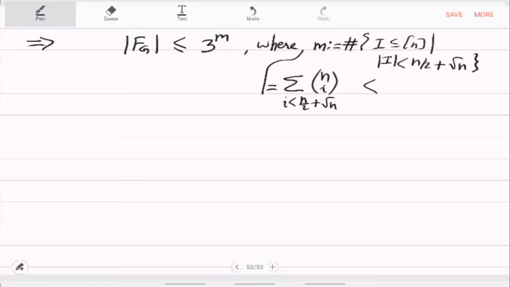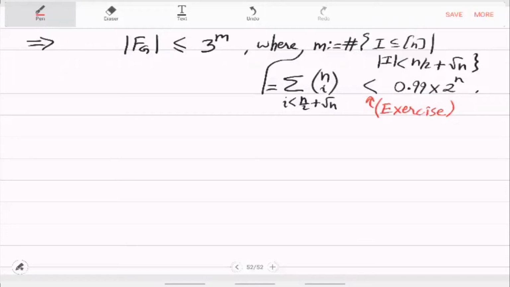Right, so if you stop in the middle, then you get half of 2 raised to n. But since you might go up to n by 2 plus square root n, there will be more than half of 2 raised to n. You can show that it is 0.99 times 2 raised to n. Okay, do this as an exercise.